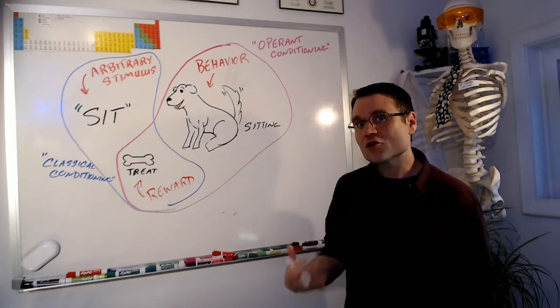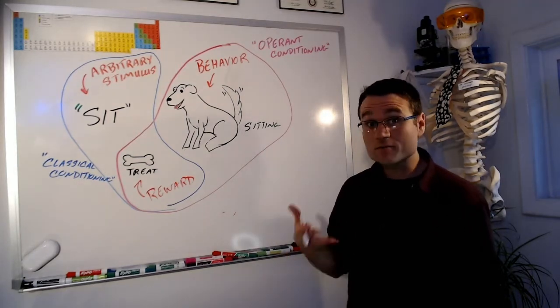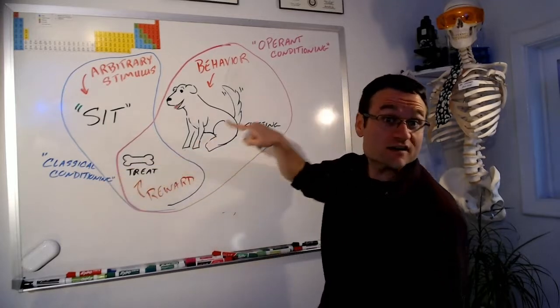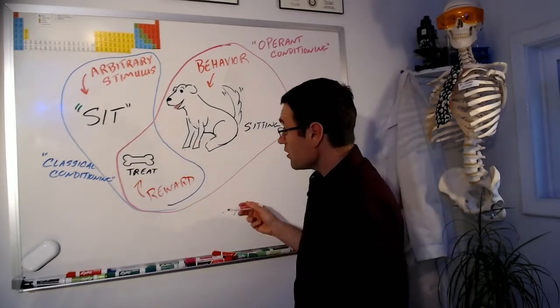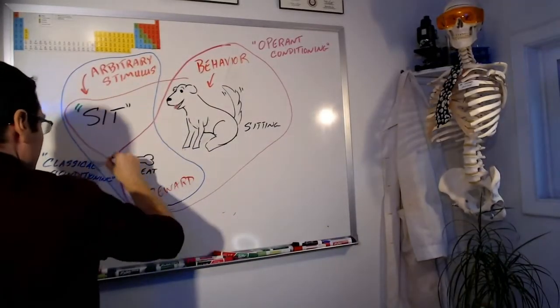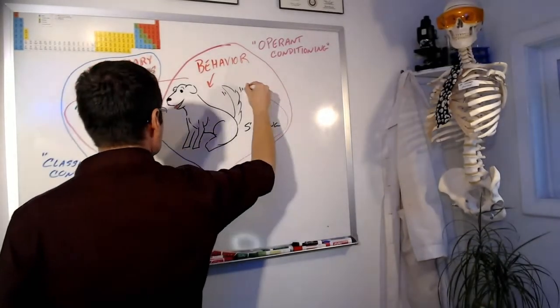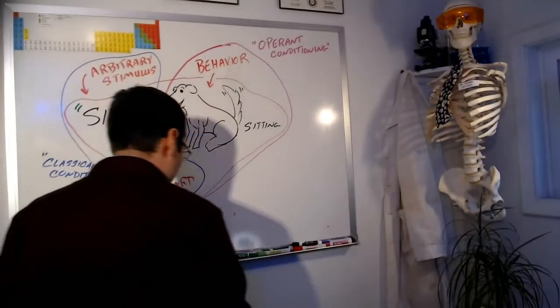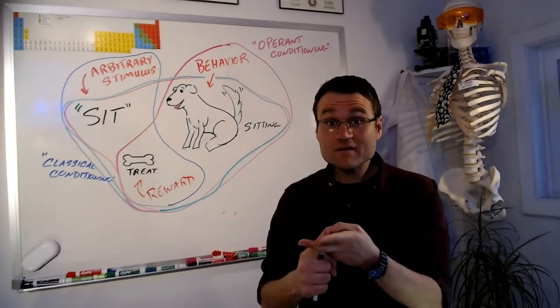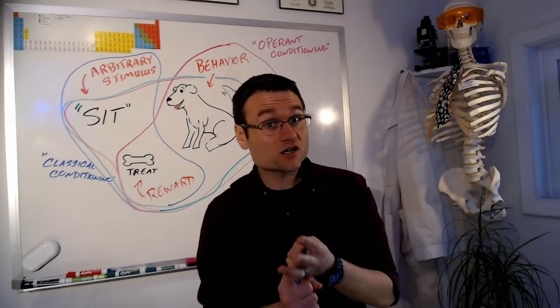So when we teach a dog to do a trick, when we teach them that sit means you sit down, we need to actually use both classical conditioning and operant conditioning so that all three of these concepts get linked together. The arbitrary stimulus, the command, the behavior of sitting, and the reward or punishment, the treat.